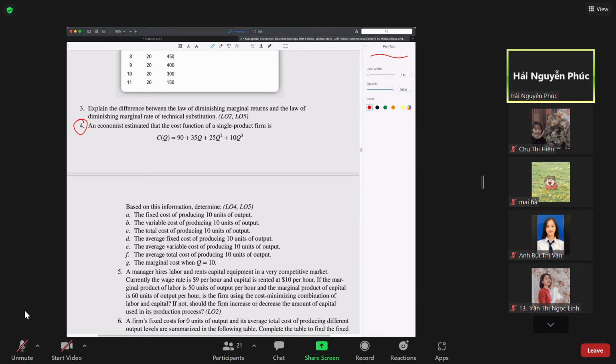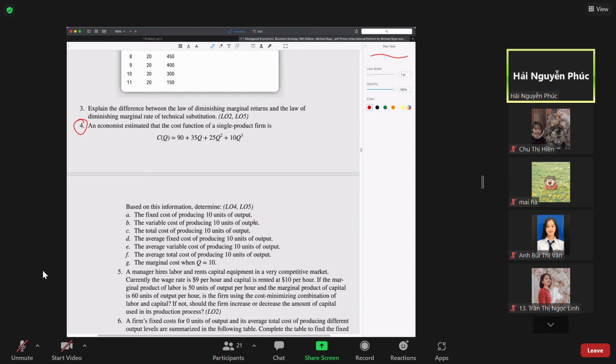Next point, the average fixed cost. You're going to take 90 divided by 10. Yeah, it is 9. Now the average variable cost.